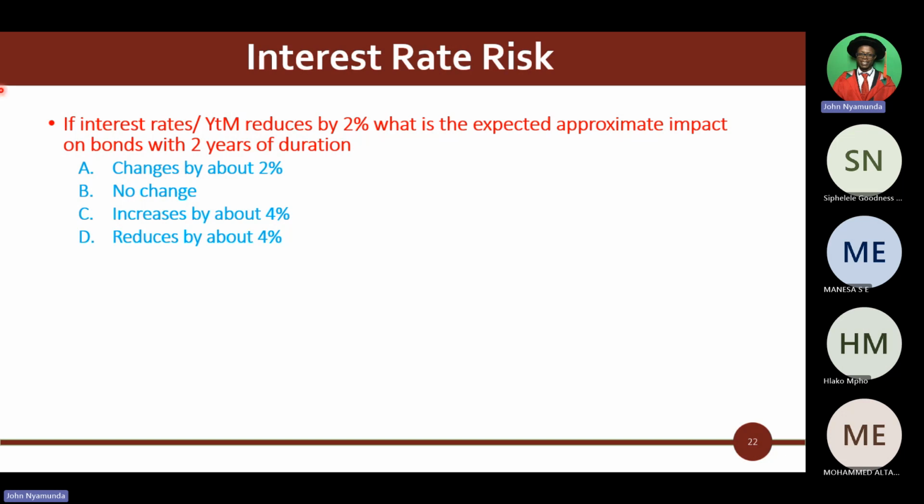Okay, let's see. What will be the increase if interest reduces? Okay, submit. Let's get one more person.